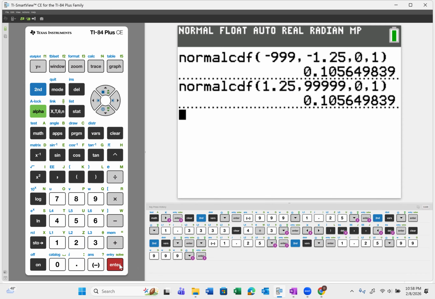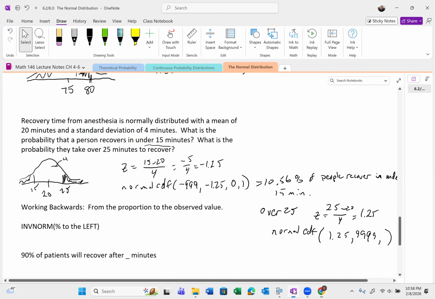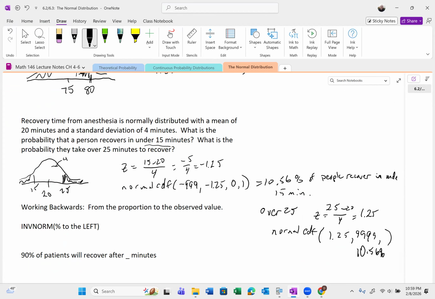You're the same distance below the mean as you were above the mean. And so the probabilities worked out to be the same. But I had to enter it in the calculator differently because I'm looking for that upper tail. And so it'd still be 10.56% of your population that will take over 25 minutes to recover.